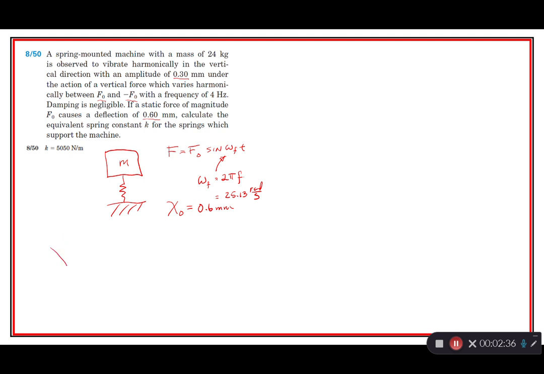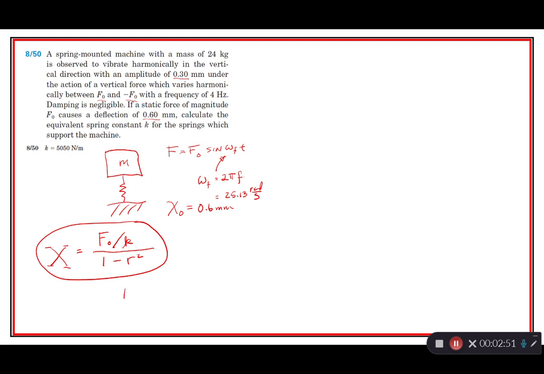You'll recall, I'm sorry, I'm jumping around here. So let's say we have F0 divided by k. There's no damping here, so we have 1 minus r squared. So this is really the equation that we're going to go to.